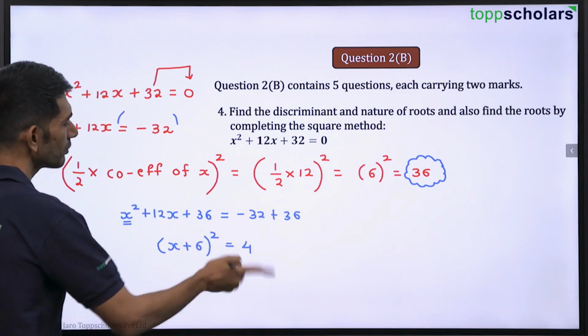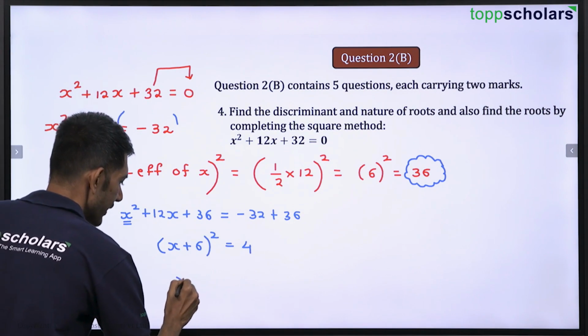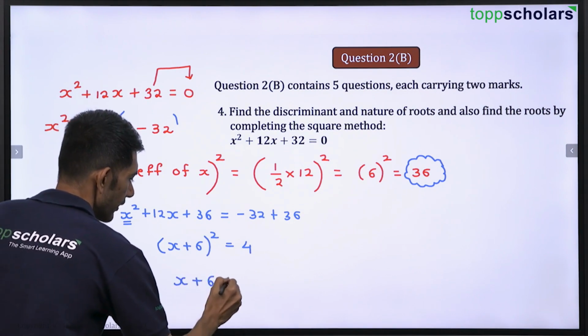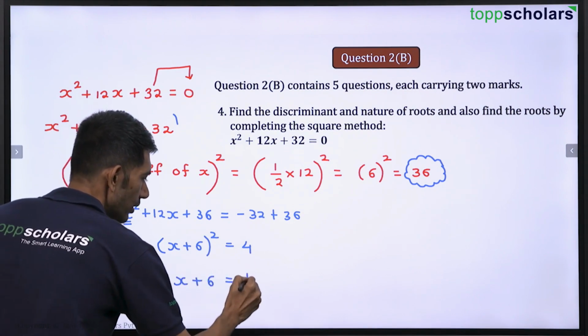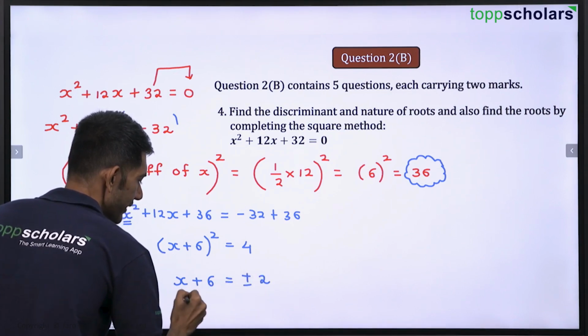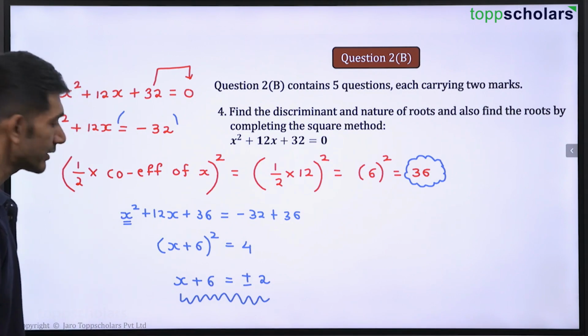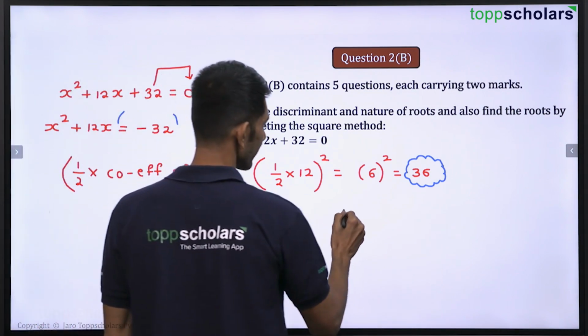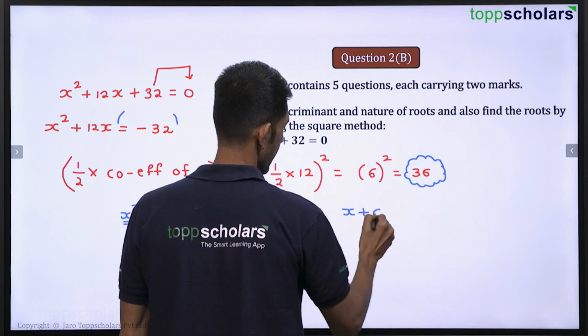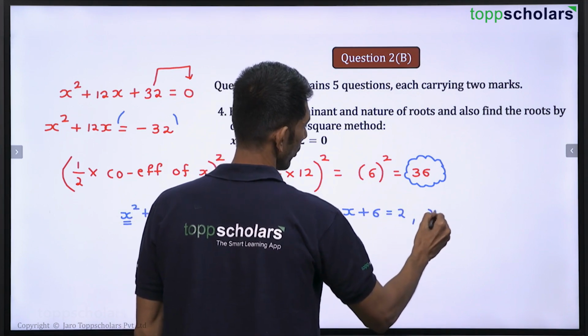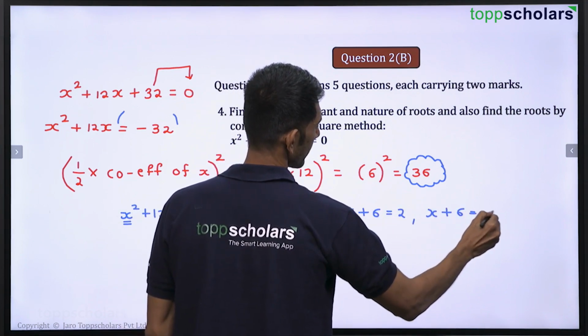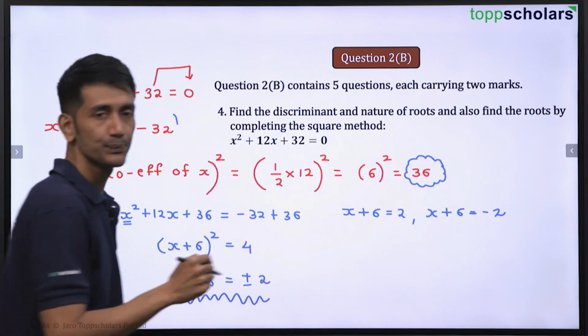Now take square root on both the sides. So that gives you x plus 6 is equal to, what is square root of 4? Plus or minus 2. Now you get two values, right? What are the two values? X plus 6 is equal to 2, or x plus 6 is equal to minus 2.